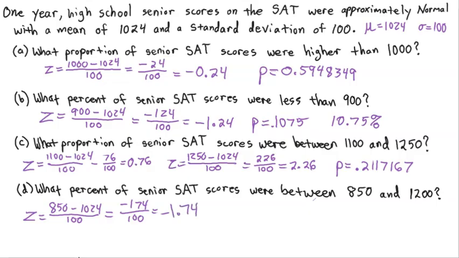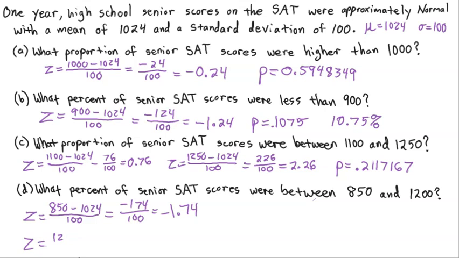That's one z-score. Our other z-score is going to be based on the number 1200. So we're going to do 1200 minus 1024 divided by 100. And whoops, hang on a second. I just put 12.